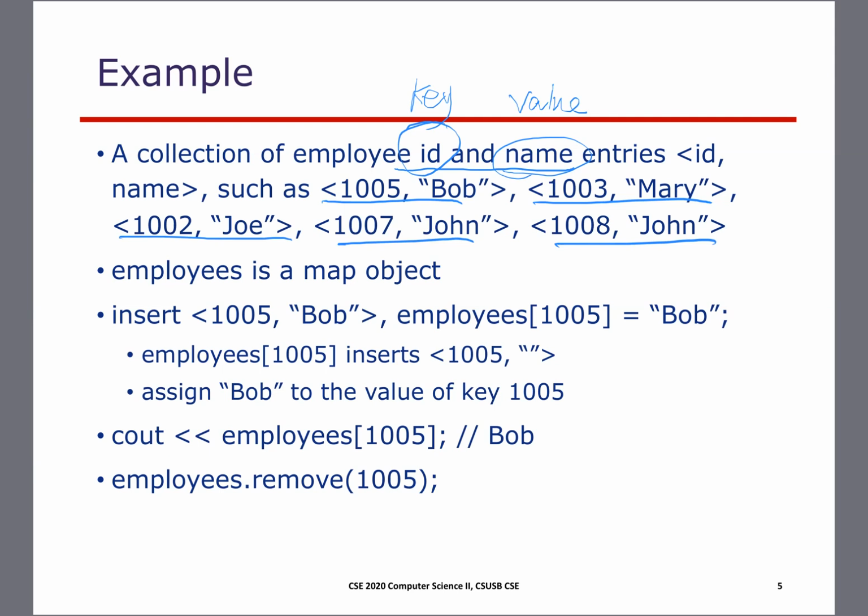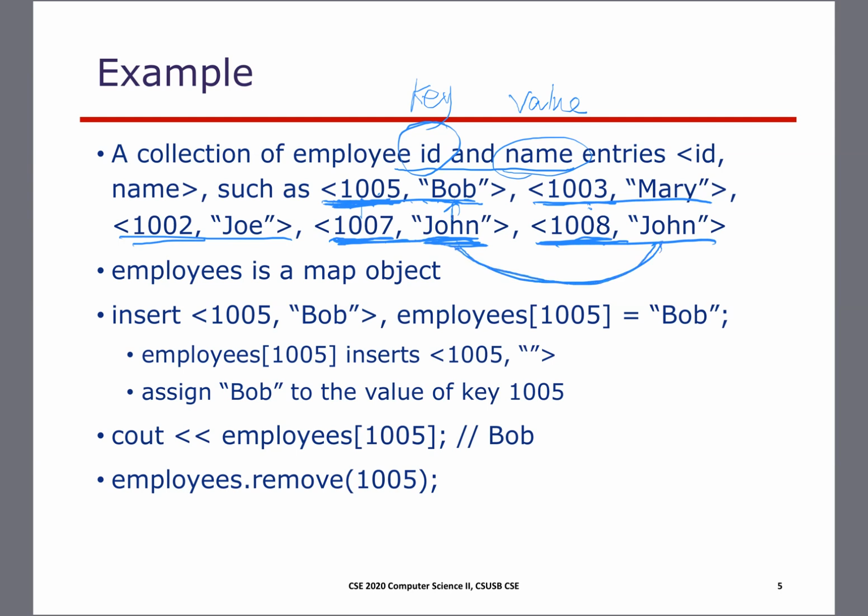The first employee's ID is 1005, and the name is Bob. 1005 is the key, Bob is the value. We don't have duplicate keys: 1005, 1003, 278. But here we have duplicate values. The employees with the ID 1007 and 1008 have the same name.